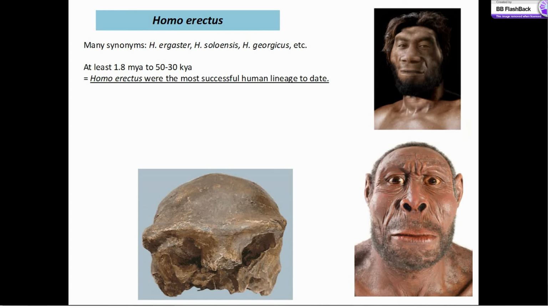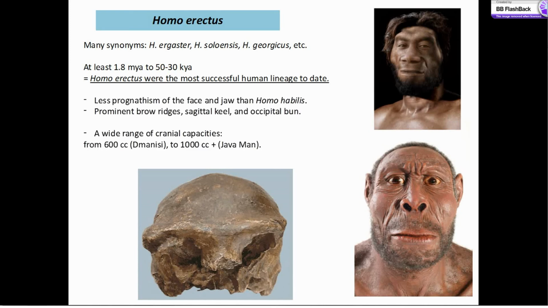A single species, maybe, that's stretched from 1.8 million years to 50,000 years ago. Let's just say 1.8 million years this species lasted. That is evolutionary success. Evolutionary success is not building a skyscraper in Dubai or New York City. It's lasting for 1.8 million years.